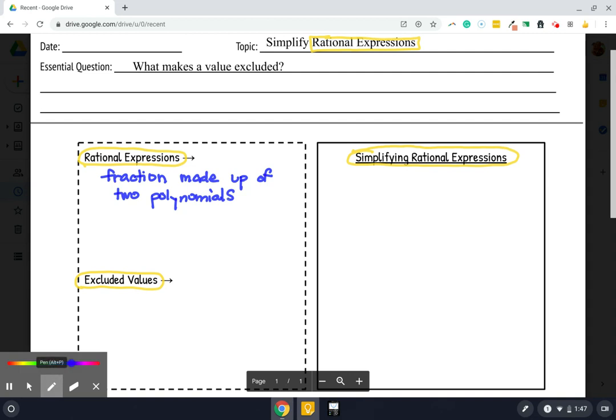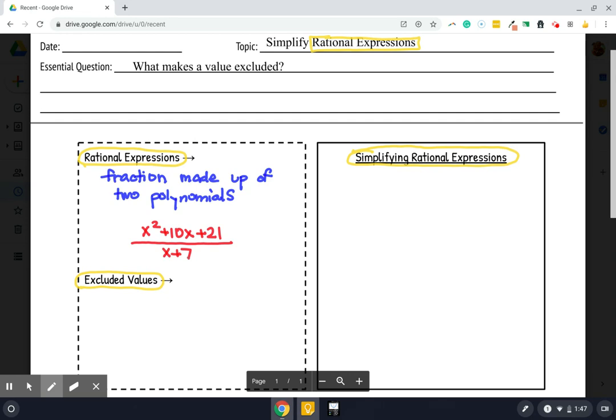So if we want to see a quick example, it would look something like this. x squared plus 10x plus 21. That is a polynomial, and that will live in our numerator over another polynomial, x plus 7, in our denominator.